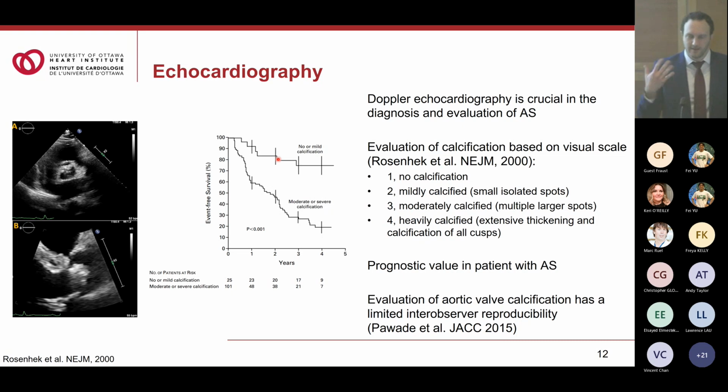That makes it more understandable why that severity or prognostic value was developed. Really, the issue with this is that, as anybody who's read echoes before knows, there are some inter-observer reproducibility issues with aortic valve calcification on echo, and there is some variability between different readers.